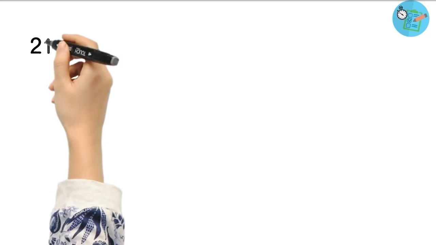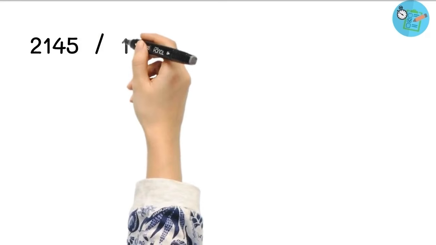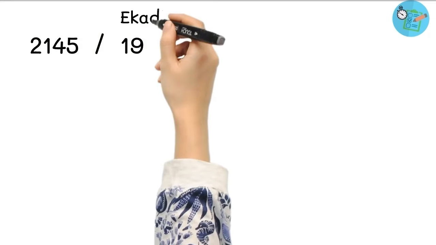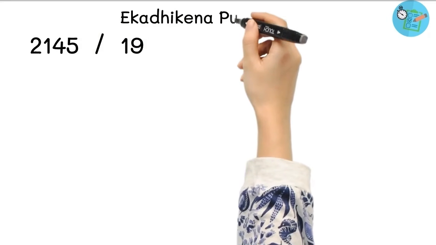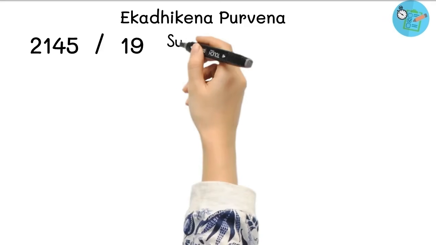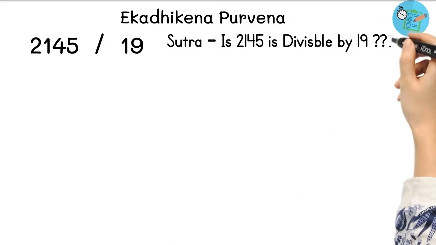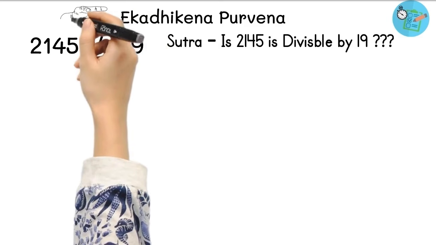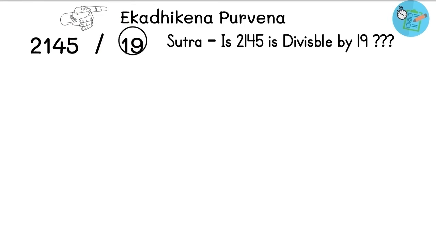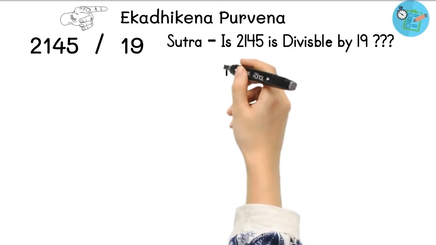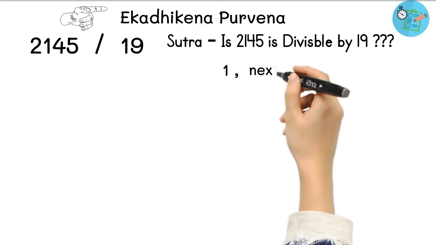Let us take an example on it. Example is 2145 divided by 19. According to the Vedic Maths Sutra Ekadikena Purvena, we need to check whether 2145 is divisible by 19 or not. For that, according to the sutra, we need to consider the tens place digit of 19, which is 1, and take the next number of it, which is 2.